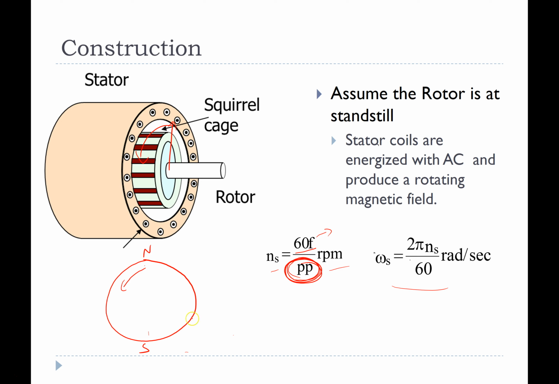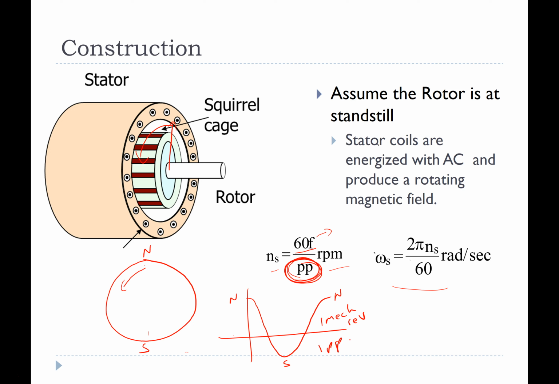So one mechanical revolution in this case will give you north, south, north with one pole pair.